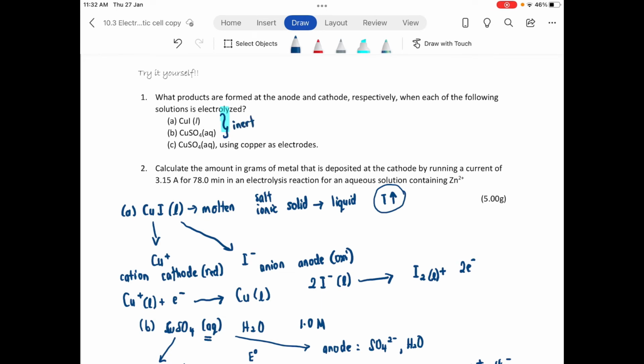Inert electrode ni dia tak terlibat dalam kita punya reaction sebab dia bukan terdiri daripada metal yang ada ion dia dalam kita punya electrolyte. However, for question C, okay, copper ni dia ialah metal yang sama dengan ion positif yang ada dalam kita punya aqueous solution, which is copper juga, copper 2+.